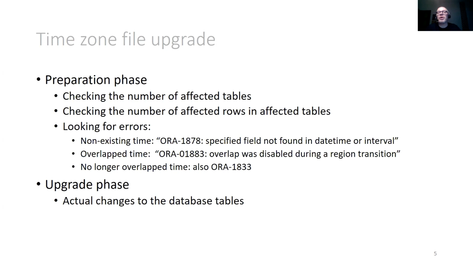And now, after the change of the time zone file, this is no longer the change date, right? And in this case, we also are not sure if the mapping that the given UTC gives us is the one that you actually want. So there are three types of errors. However, this third type of error is not distinguishable from the second one, because the same error 1883 is reported. So this was the preparation phase.